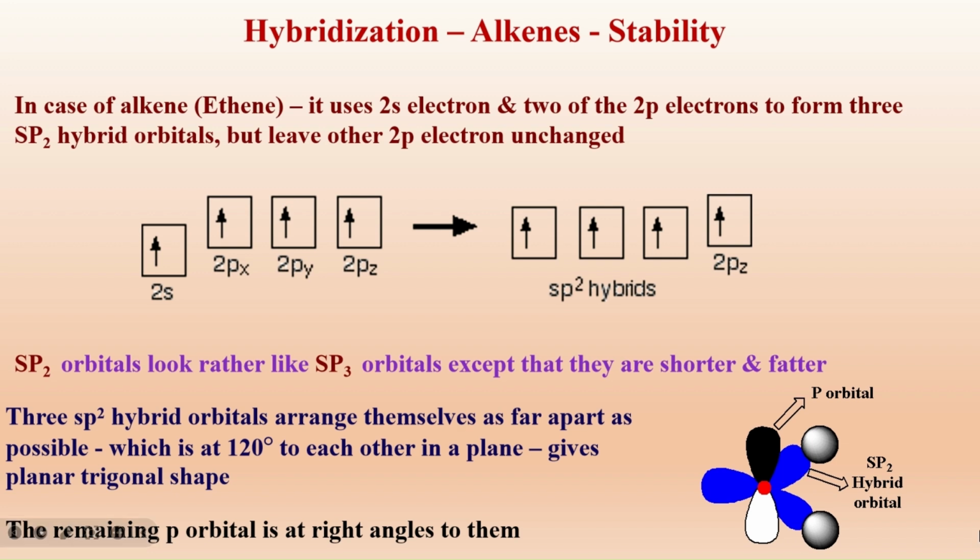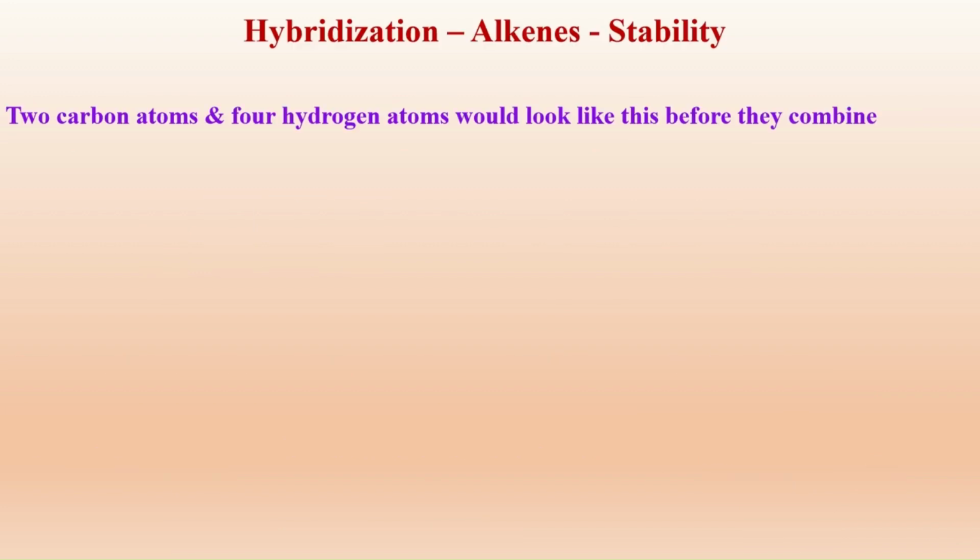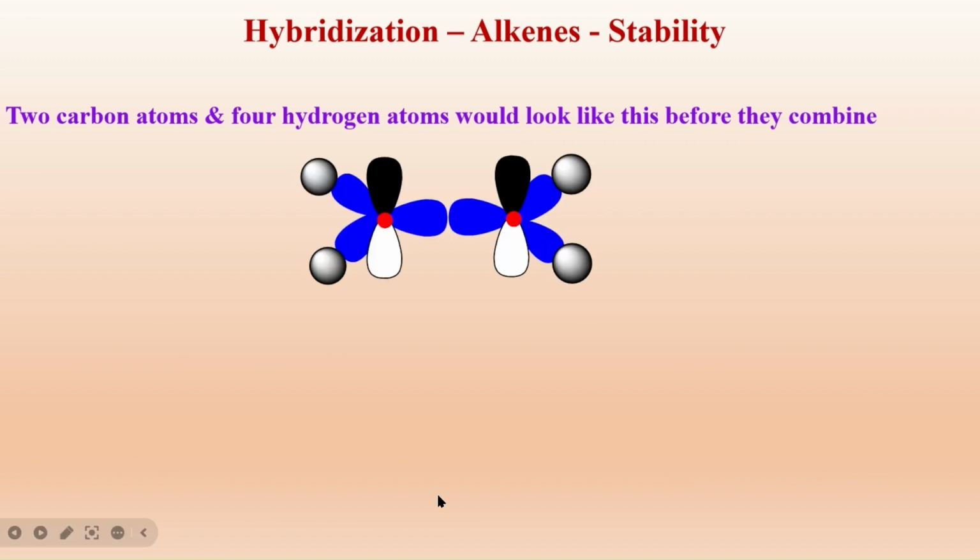Out of these three sp2 hybrid orbitals, two overlap with the s orbitals of hydrogen and form the bond. Another sp2 hybrid orbital remains vacant. And when these two carbon atoms have not overlapped with each other, this carbon and this carbon look like this.